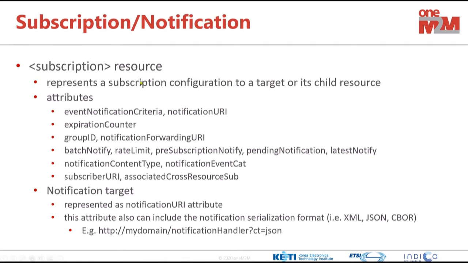And there shall be a specific event that I'm really interested in, so there is the event criteria for the notification. There are also a lot of additional features for subscription. Let's focus on the criteria and notification URI at the moment.